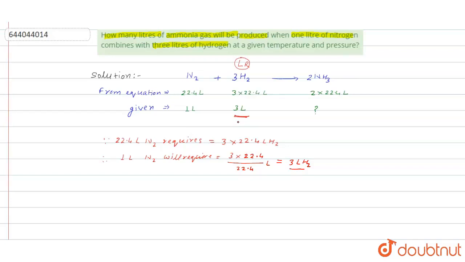Now, the yield of product depends upon the limiting reagent. So now we have to calculate the yield of ammonia.